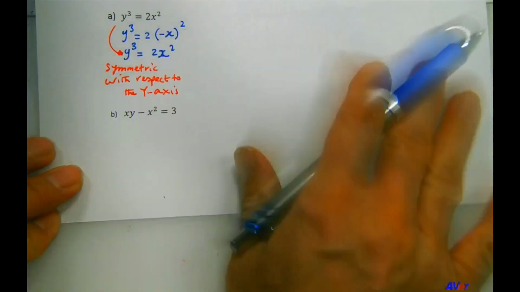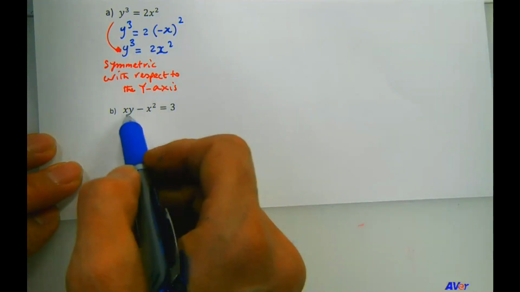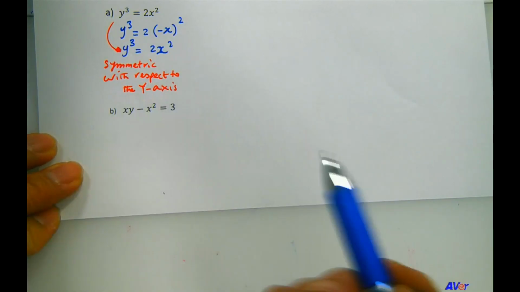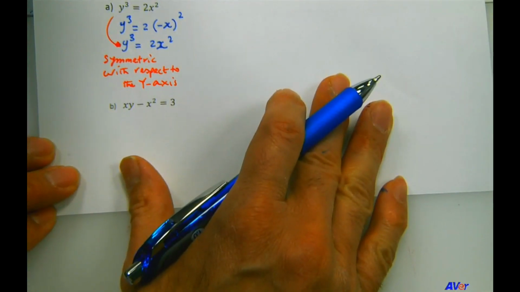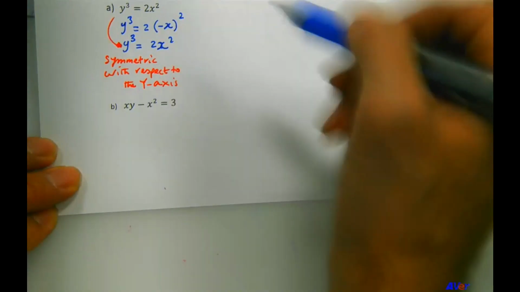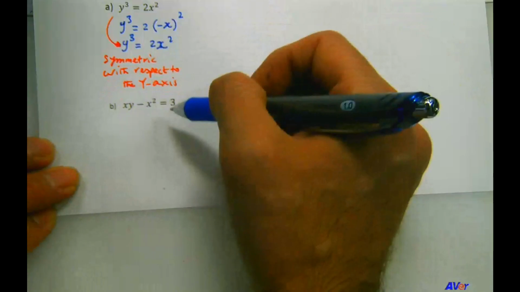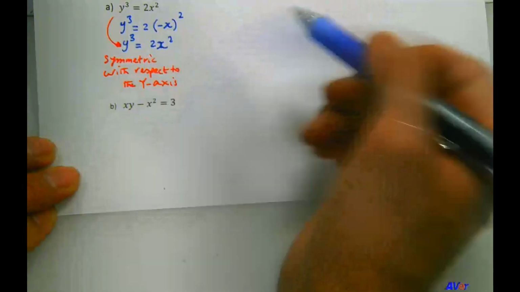And then you would try plugging in negative x for x and negative y for y, which would give you the same equation. So building expectation helps you save time, and also if you don't end up with that expected result, it helps you go back and check your work, which is always a good idea.